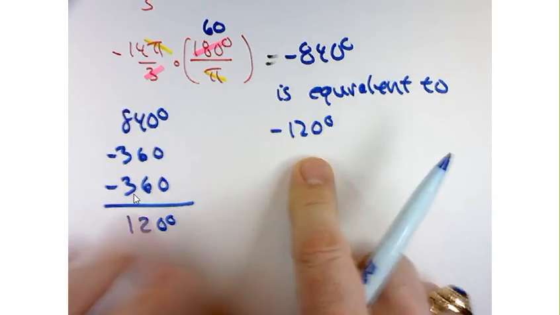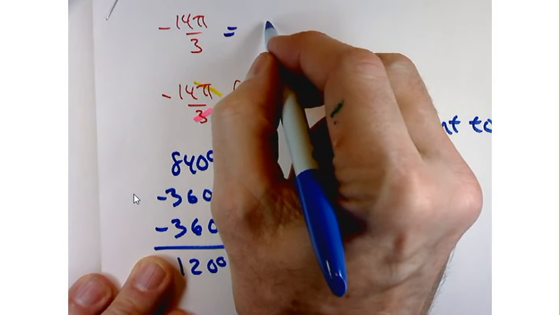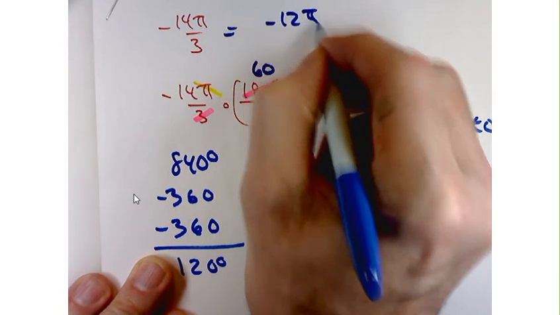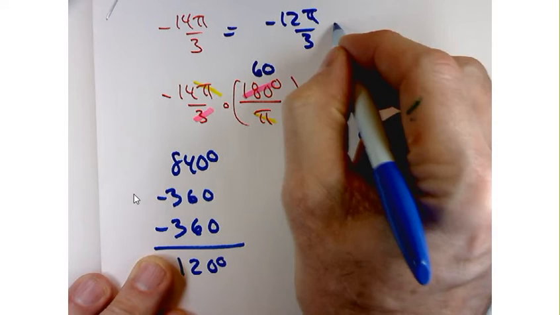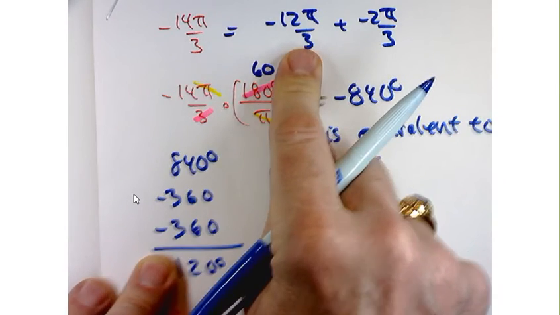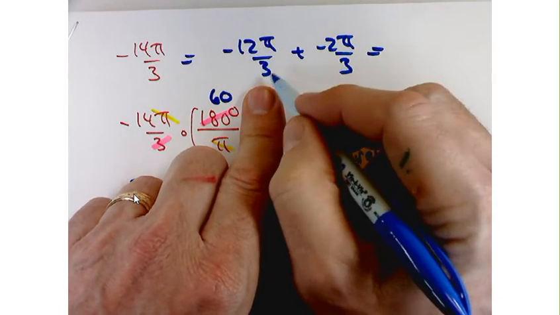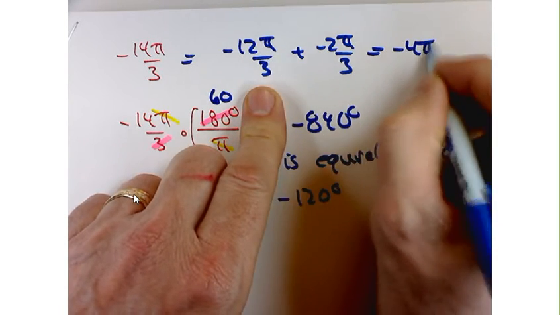You can do it working with radians. If you think of this as negative 12 pi over 3 plus negative 2 pi over 3. And that's really, well, 12 divided by 3 is 4. So it's really negative 4 pi.